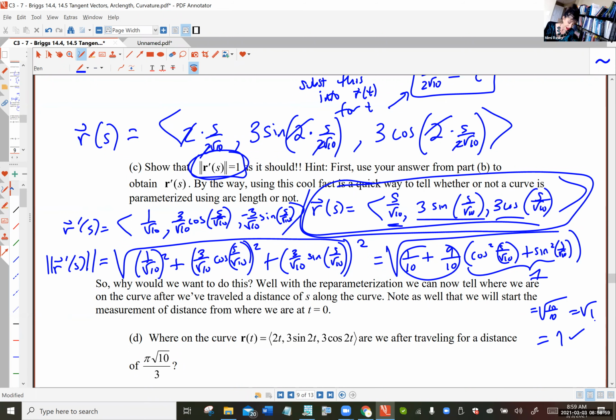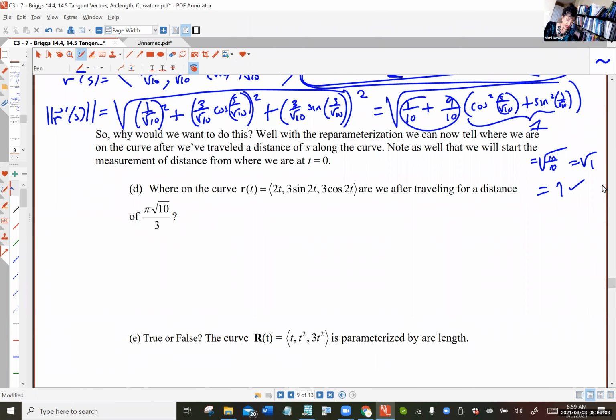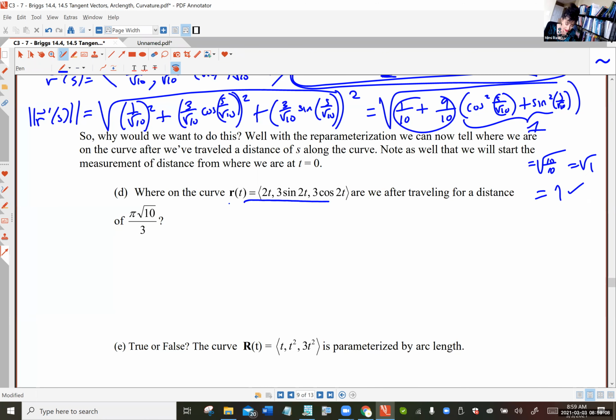All right, so now let's keep going. I'm up to letter D now: where on this curve are we if we went a distance of pi square root of 10/3? If you started off at t equals 0, by the way, I think this curve is a helix, so it looks something like this.